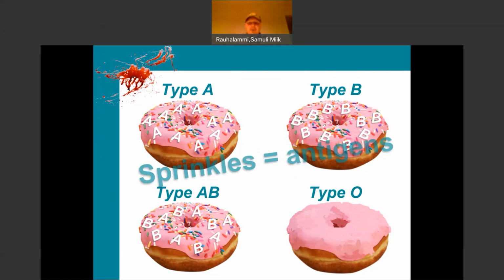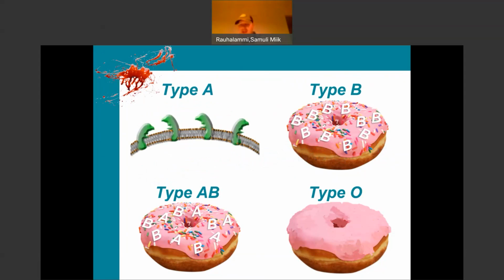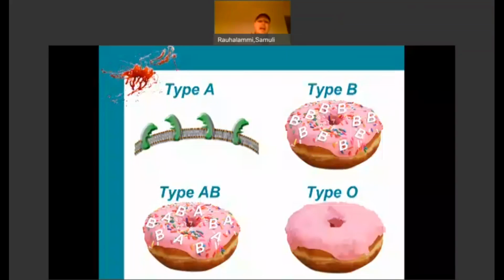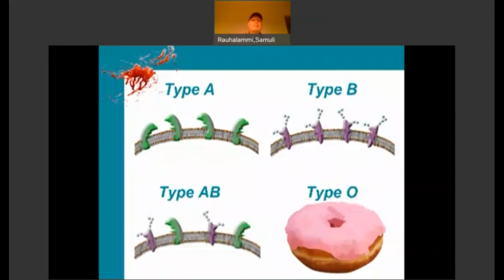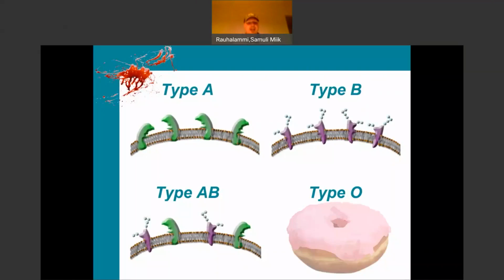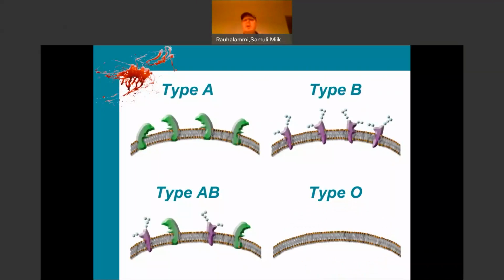And remember, in this analogy the sprinkles were the antigens on the surface of the red blood cell. We'll find that those individuals with type A had antigen A, type B had antigen B, type AB had both kinds of antigens, antigen A and antigen B, and type O had no antigens on the surface of their red blood cells.